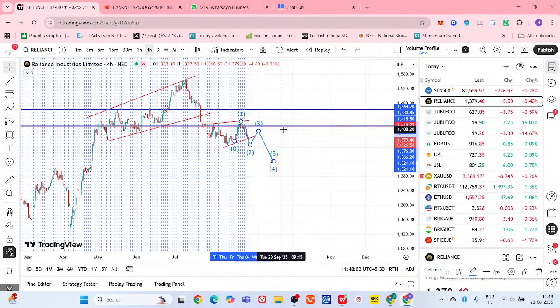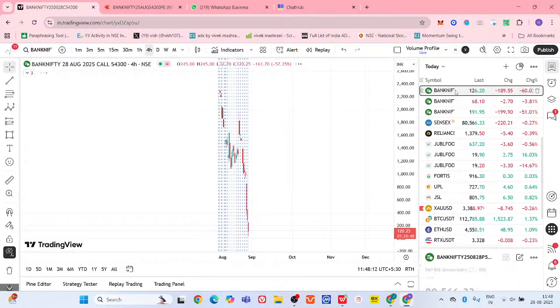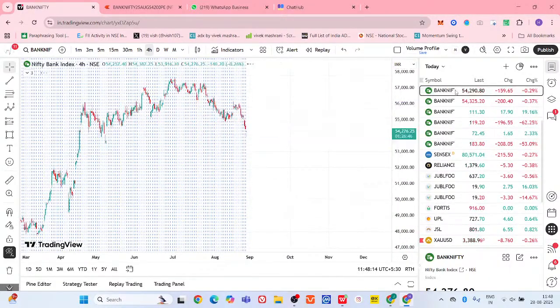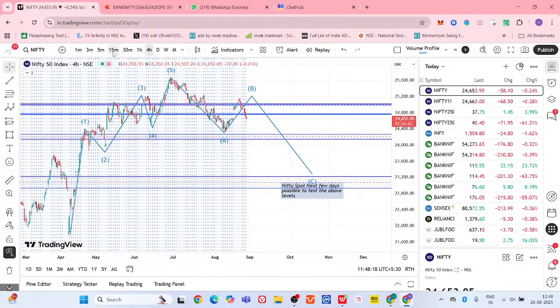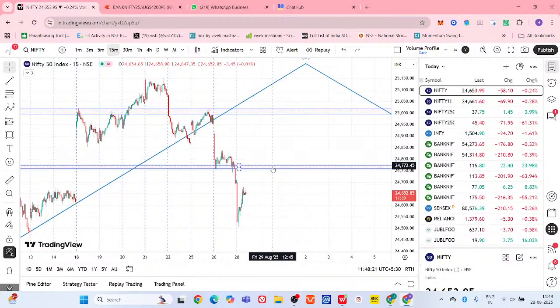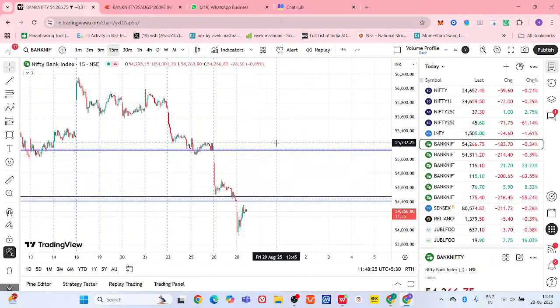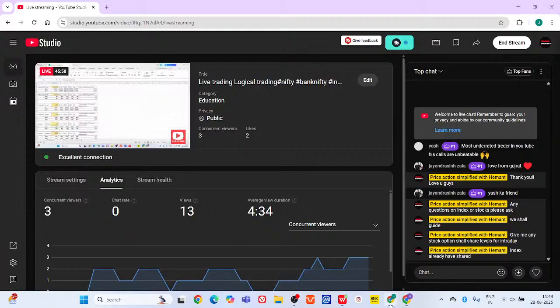We will look to short at this level. We will wait for this pullback and then short. So by the time our Nifty also will pull back a little, right? Hopefully this and this. And Bank Nifty, hopefully this and this level. So I'm not telling it has to, okay? I'm telling the possibility of it to pull back.